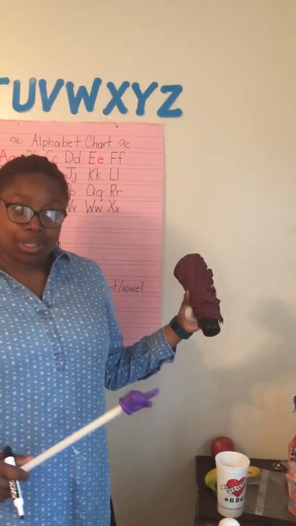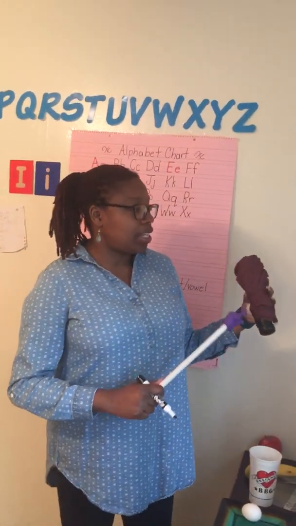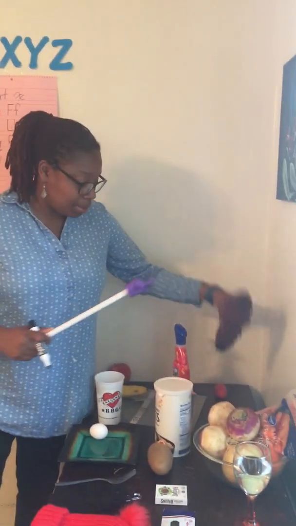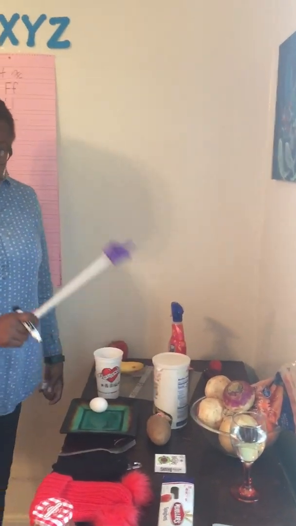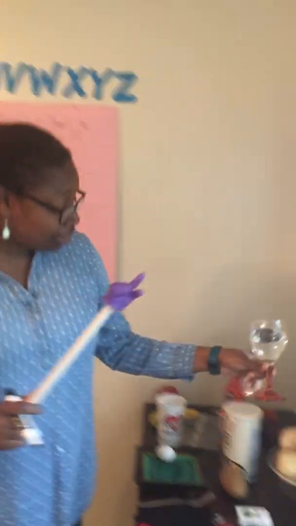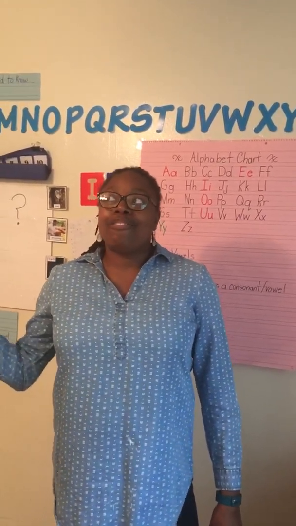Umbrella. U is also a vowel, so it's going to have a long sound and a short sound. Long sound of U is U, like in ukulele. Umbrella. Then I have a bowl of vegetables. Water. Now this one you're going to have to just go with me. No. Fox.